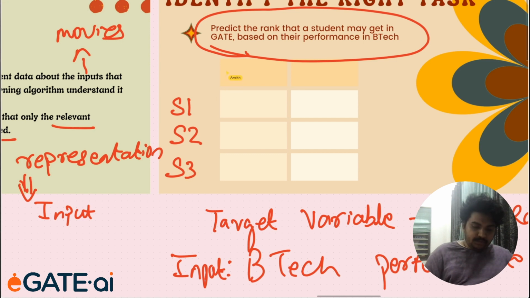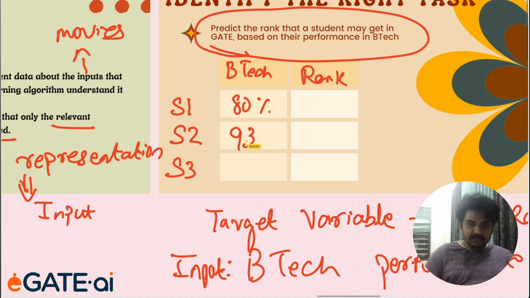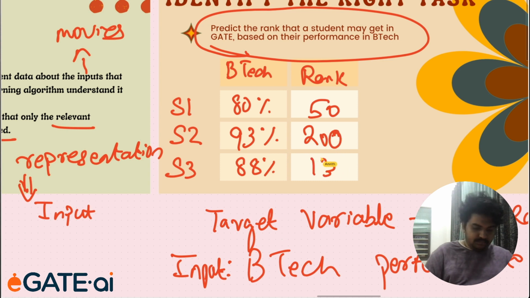One column for the BTech performance and the second column for the rank. Now, the BTech performance may be represented as percentage of marks, such as say 80%, 93%, and 88%. Further, we can provide the rank as 50, 200, 130.